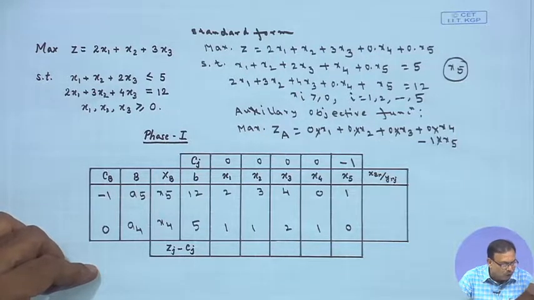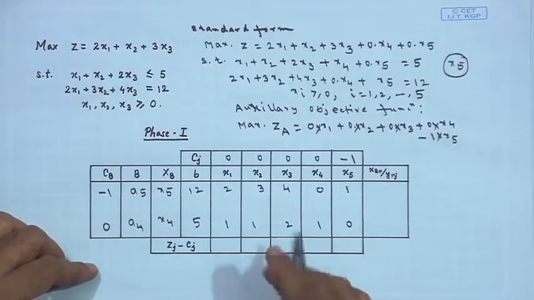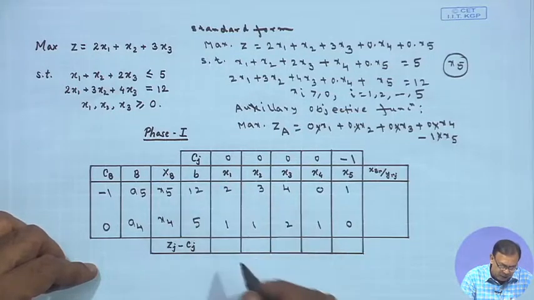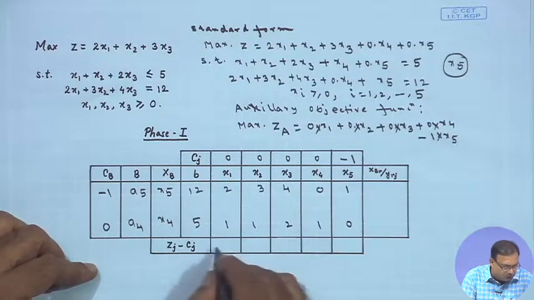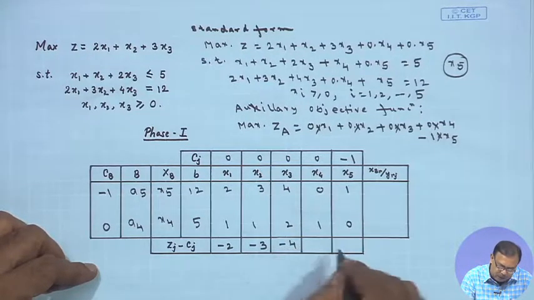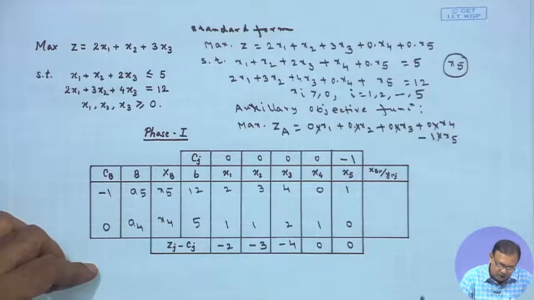Once you have obtained this, you can calculate the value of Zj minus Cj as usual, and check whether Zj minus Cj is greater than or equal to 0 or not, and you will repeat the process. So, if you calculate the Zj minus Cj value, CBXB minus Cj, it equals minus 2, minus 4, 0 and 0.